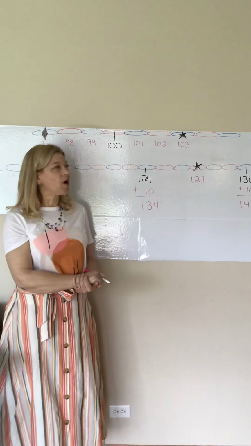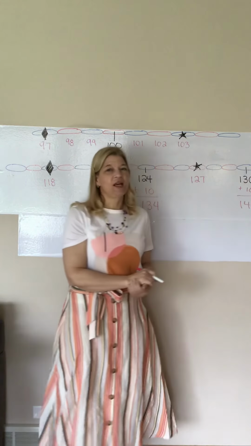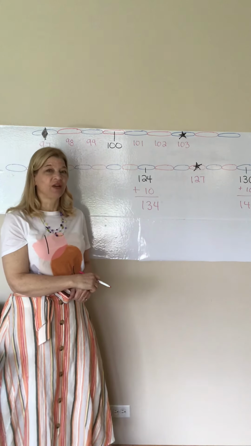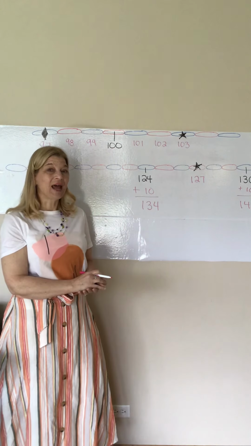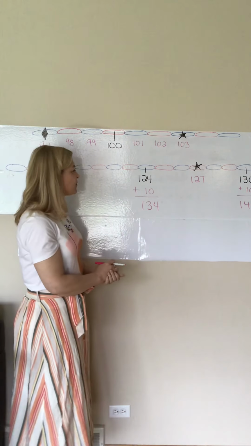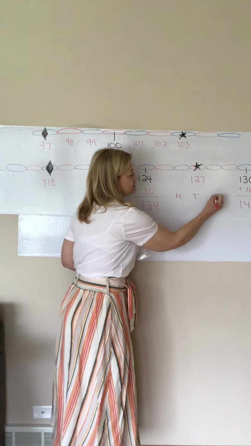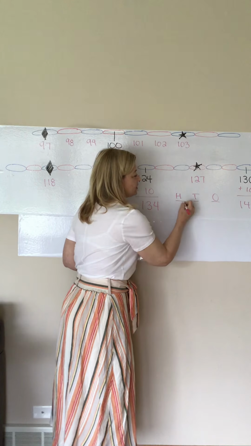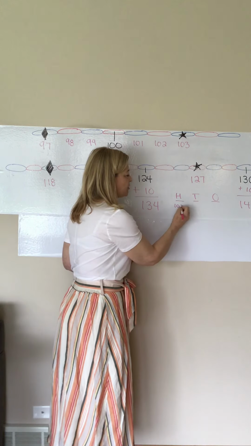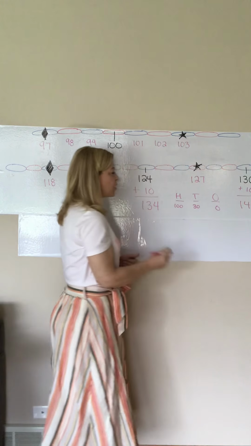We're going to do one more. What if I was at 130 and I wanted to add 100 to the 130? Now I'm not counting by tens, now I'm counting by hundreds. So if I look at the number 130 and I think of it as hundreds, tens, and ones, in the number 130, I have 1 hundred, 3 tens, and 0 ones.